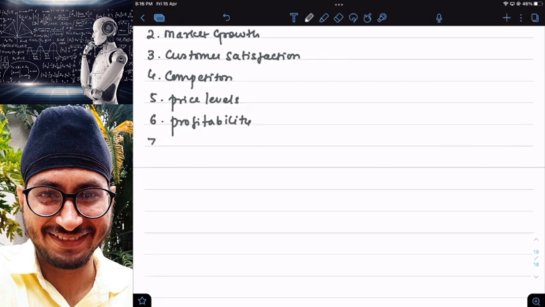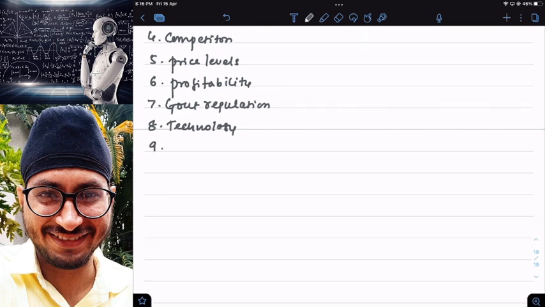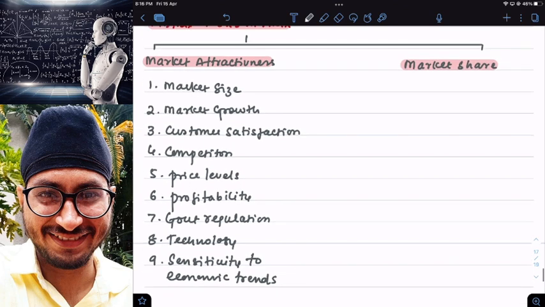Then we have government regulation. Then we have technology. Then we have sensitivity to economic trends. These are all factors which will decide whether the market is attractive or not.